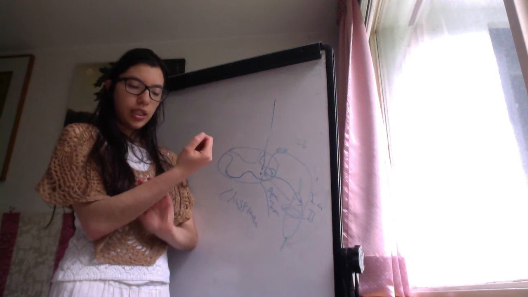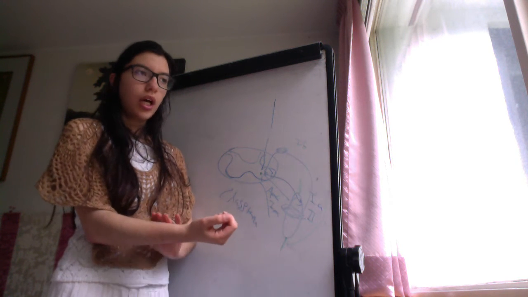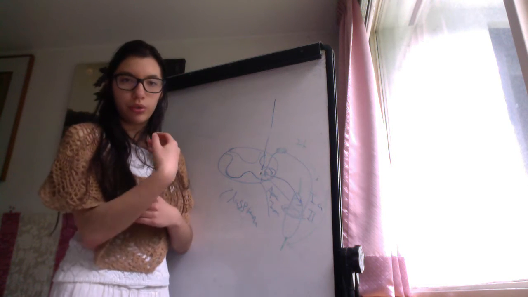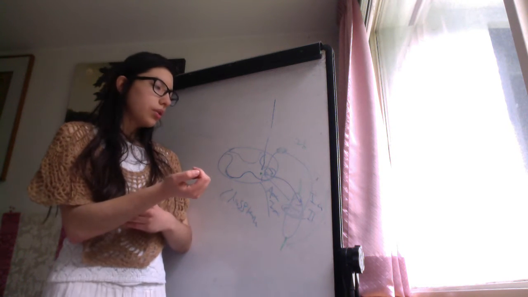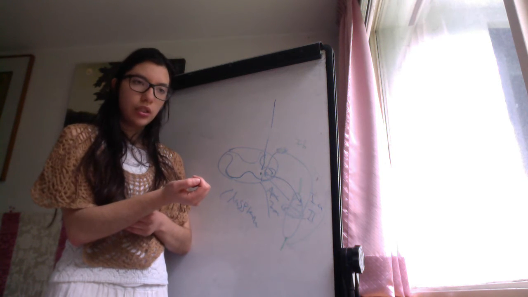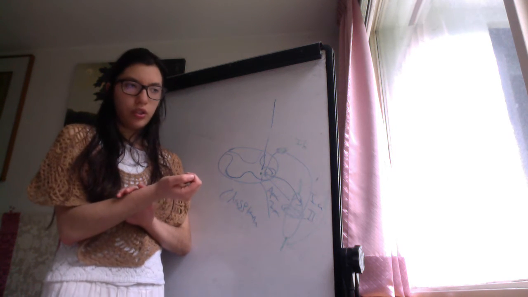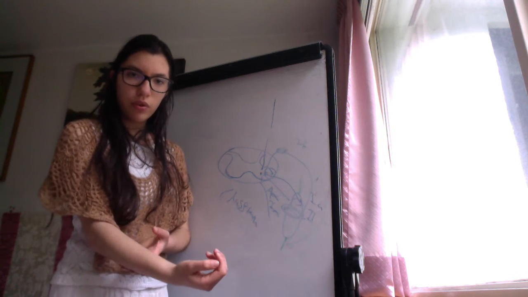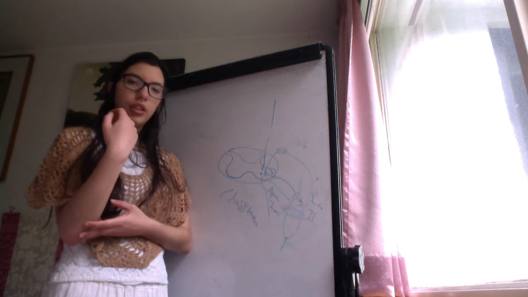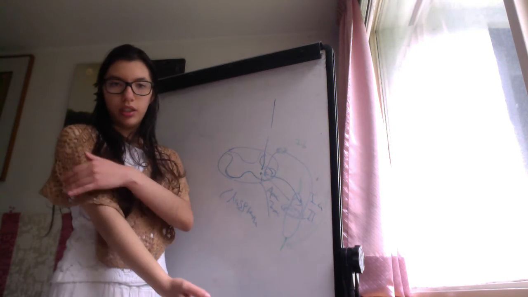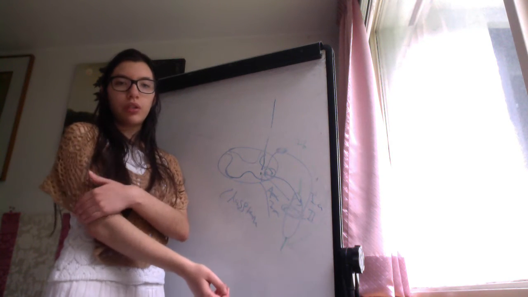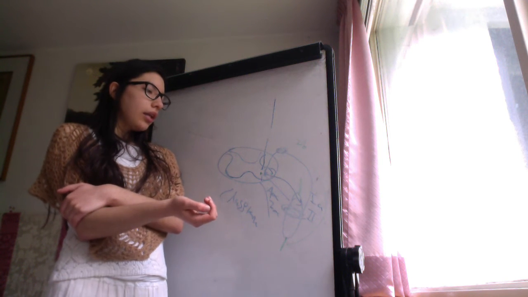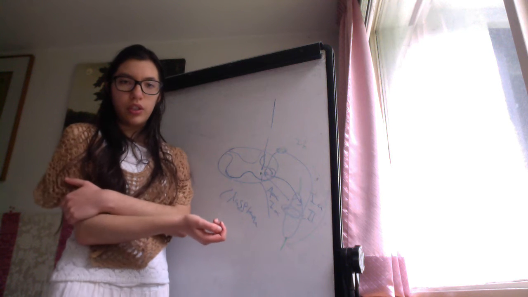For this, we need to relax one muscle and contract another muscle in order to have this action. So the Golgi tendon organ is doing the opposite thing. The muscle that we are trying to contract, the extensor muscle of the arm, would be the triceps. So we are trying to contract the triceps muscle, and the Golgi tendon organ is doing the opposite thing.